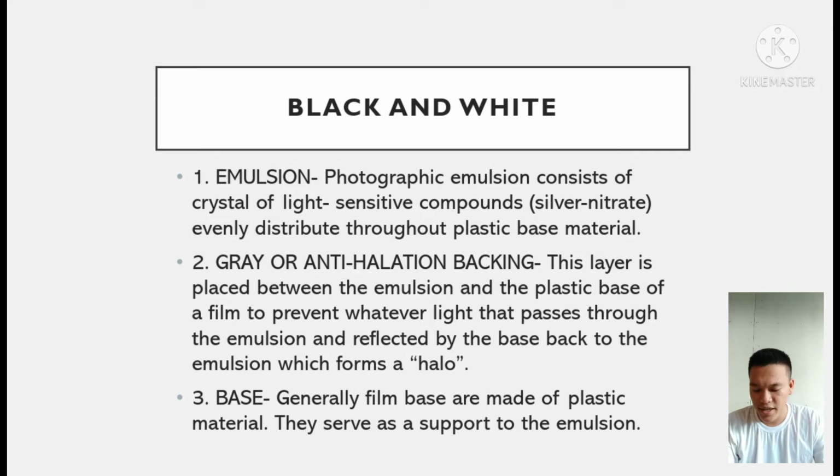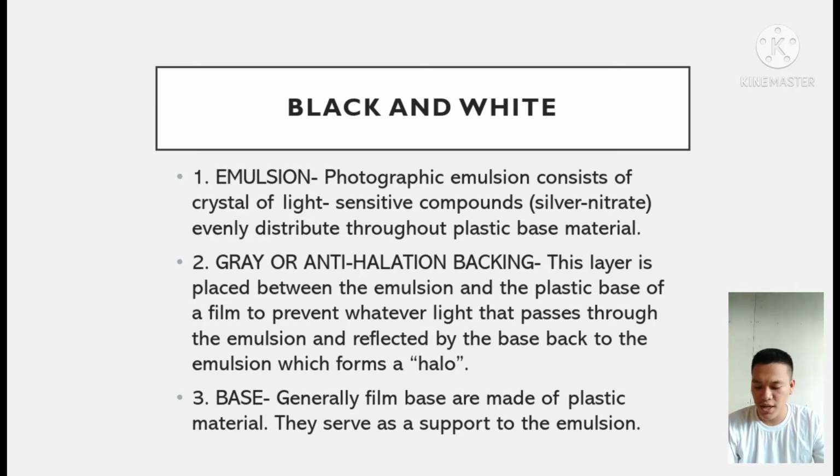Silver halide emulsions are universally sensitive to ultraviolet radiation and some wavelengths of blue light. They can be made sensitive to other colors of light and near-infrared radiation by the addition of special sensitizers. Gelatin is universally used as the medium that holds the crystals in the emulsion. So that is the emulsion.